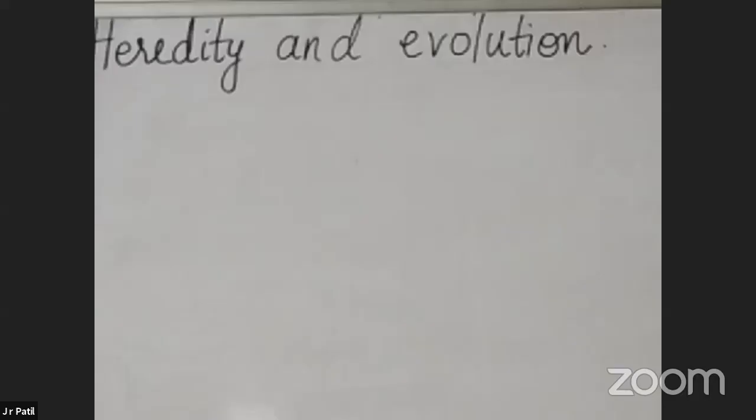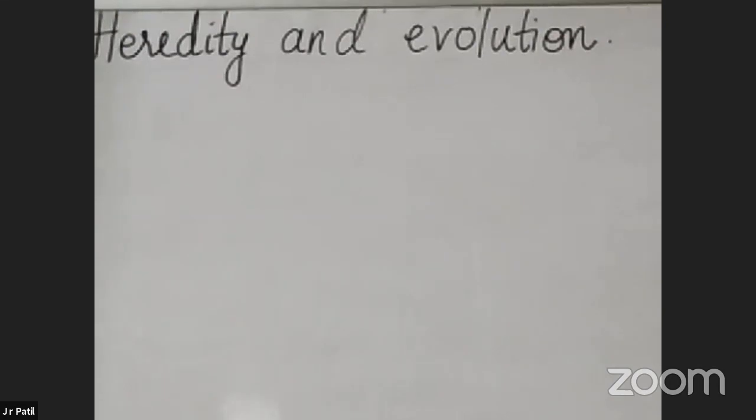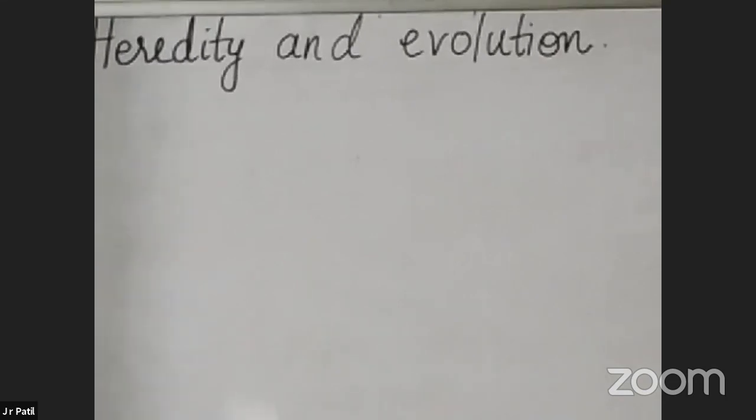And we have the next topic, that is variations, the differences in the characters or traits between the parent and the offspring. Because the offspring will not be the exact copy of the parent. There will be differences. That difference in characters or traits between the parent and the offspring, we call it variation.